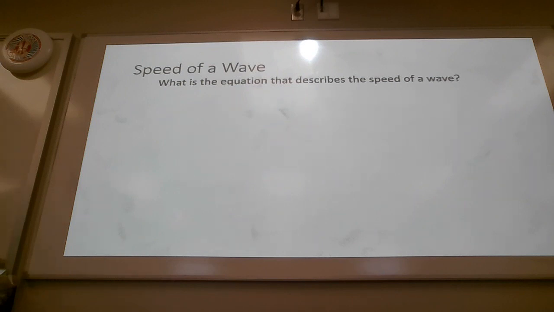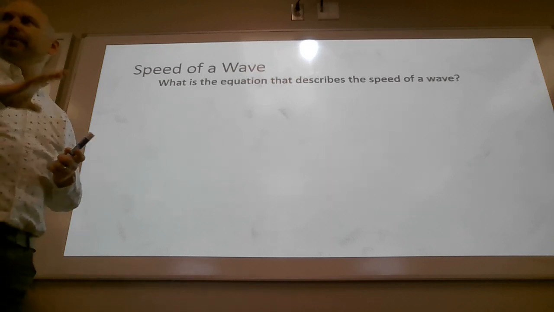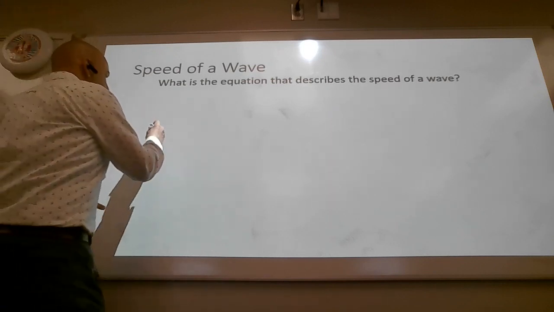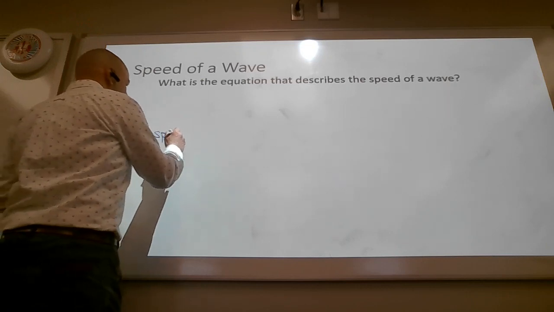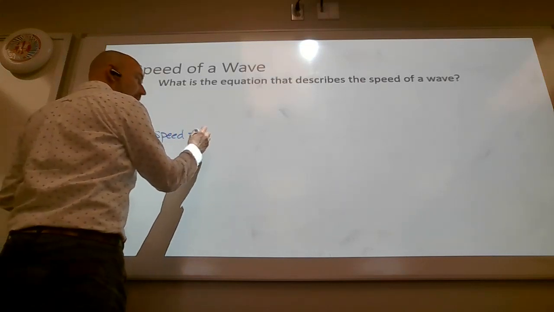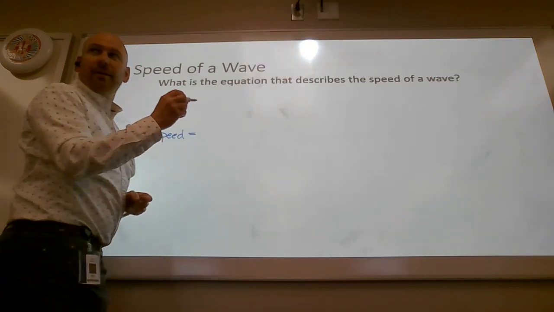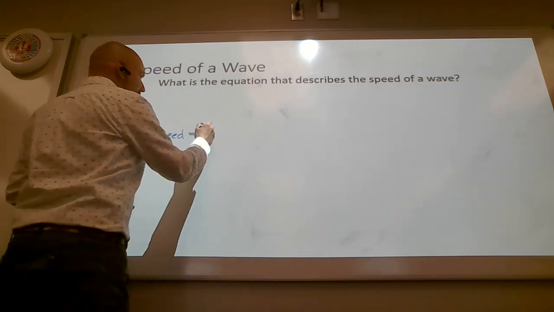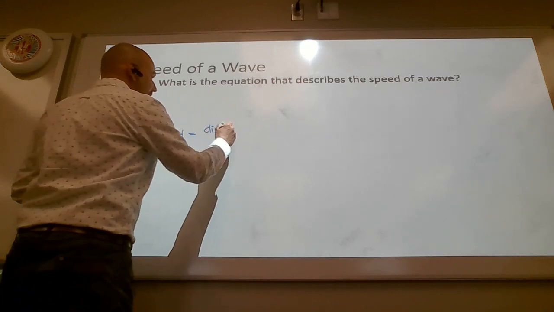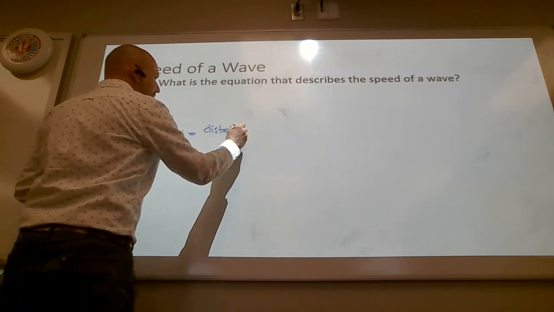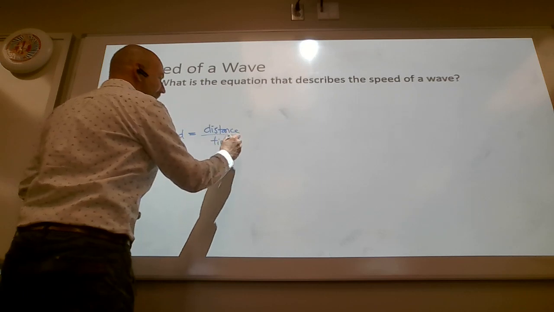Okay. When you were first introduced to the equation for speed, like in algebra class, even before physics, speed is equal to what? Distance over time. Okay, right?